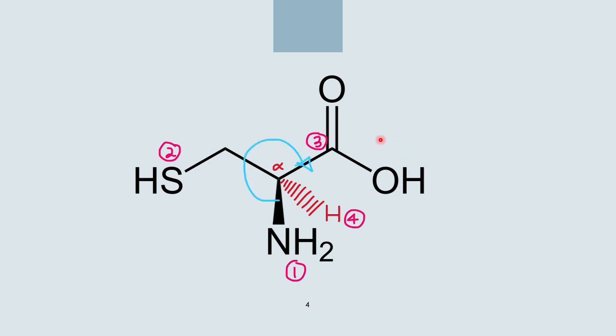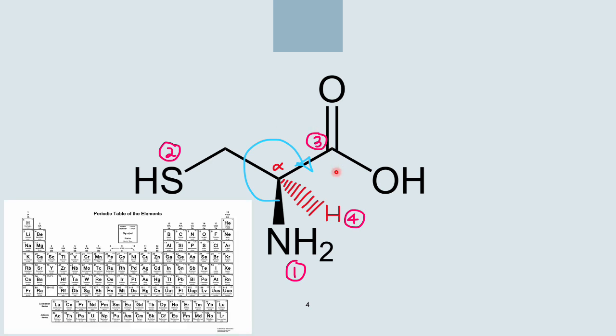In this case, we are moving from group 1 to group 2 to group 3 in a clockwise direction, meaning that it has S configuration. Just to note, the reason the thiol group has priority over the carboxyl group is because sulfur is greater in terms of atomic number than oxygen is.